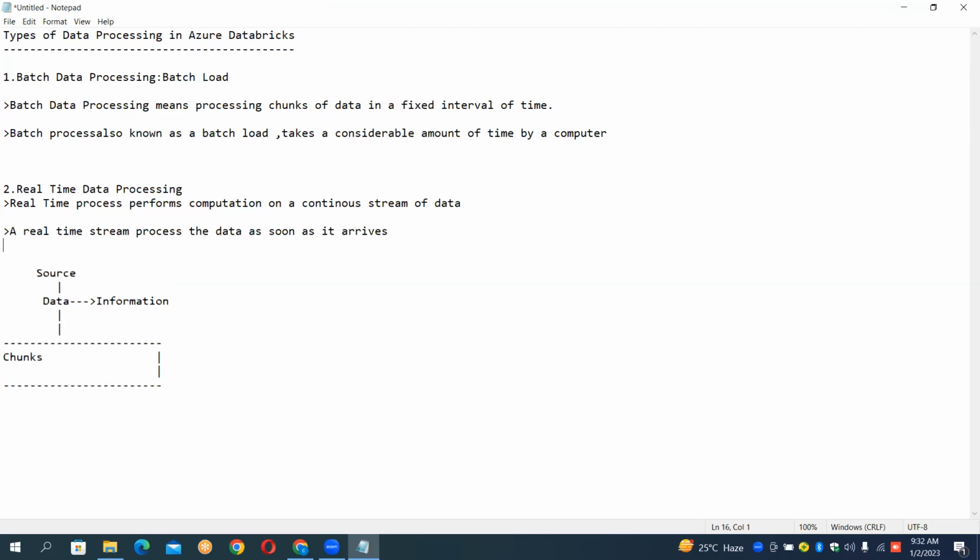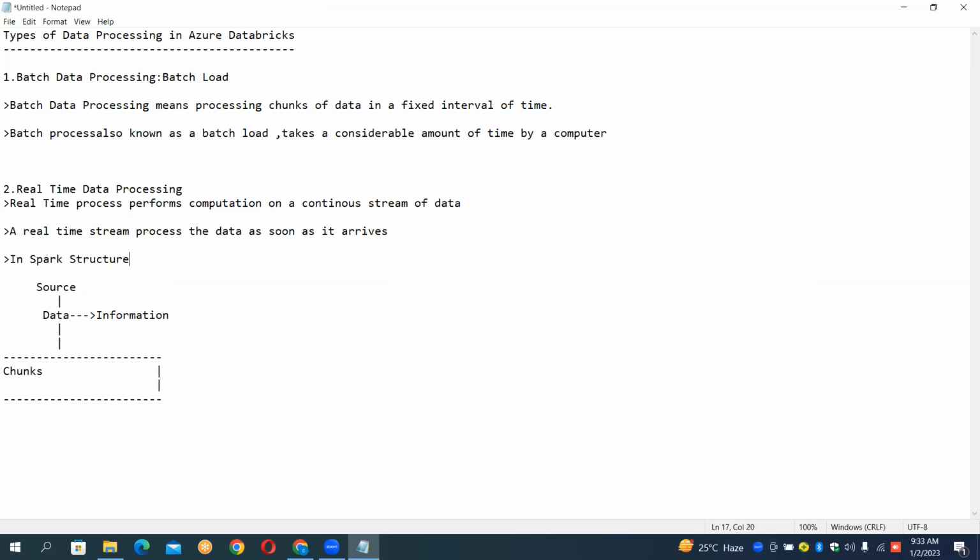The third one, in Spark structured streaming, the API is used to process the data in real time.